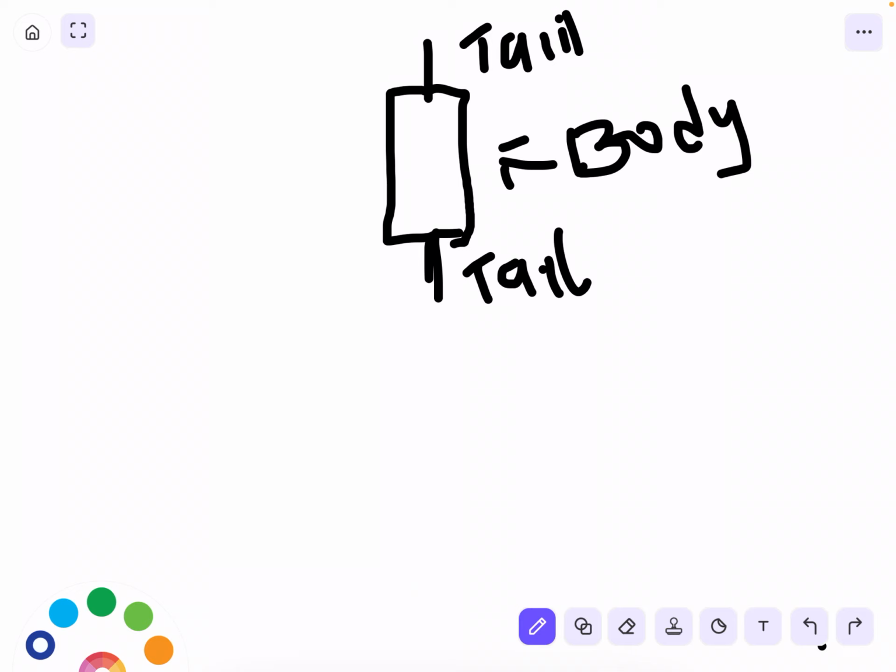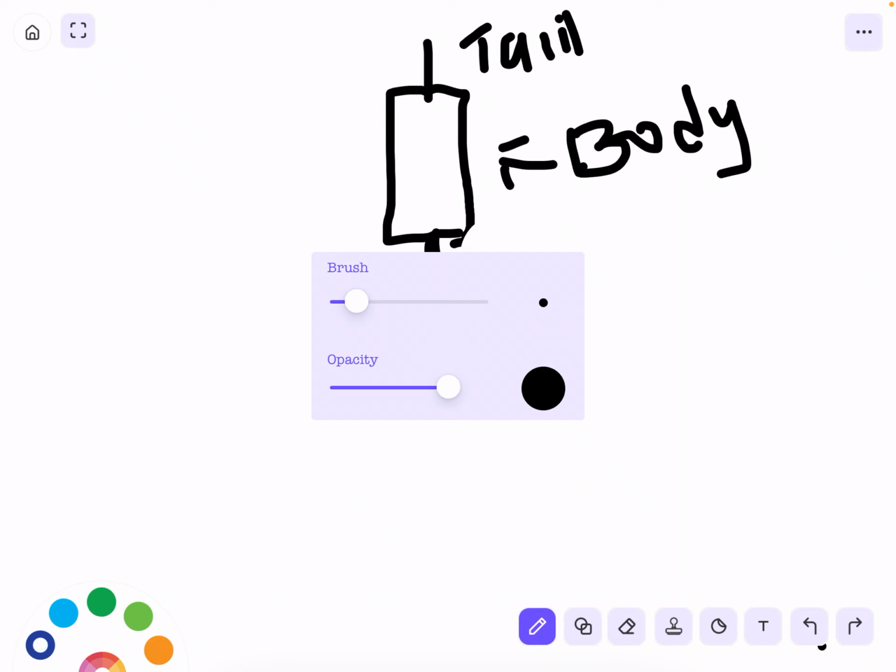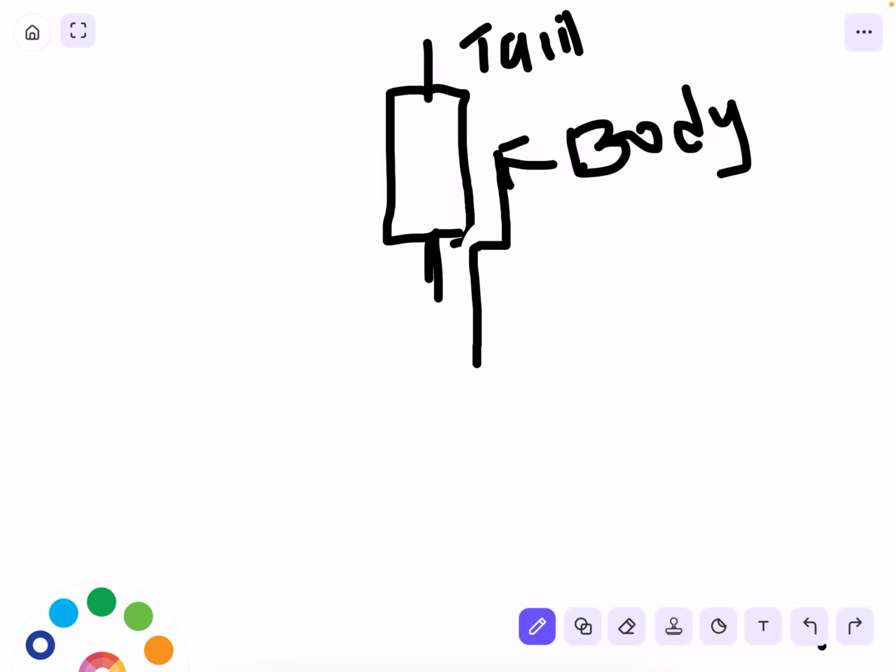So this tail right now, and if you look at the chart very well, you will see that whenever another candle wants to form, it will either form like this, or it will form like this. So when another one wants to form, it will form like this.